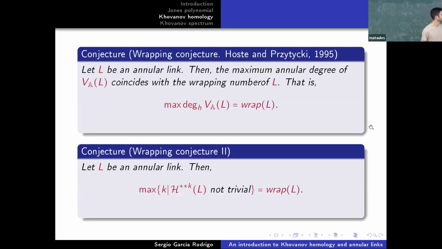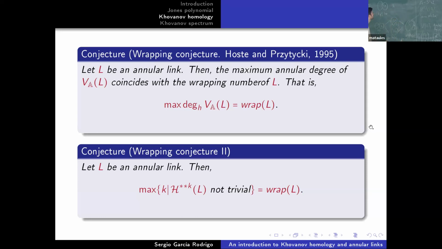And the conjectures that are yet open problems tell us that this wrapping number is precisely the maximum degree of both the Jones polynomial, the annular Jones polynomial, and the annular Khovanov homology.